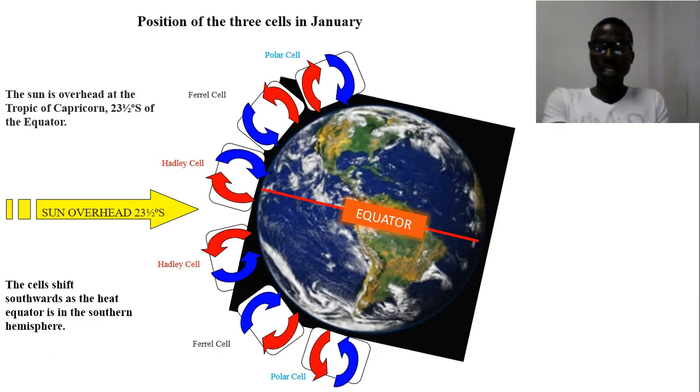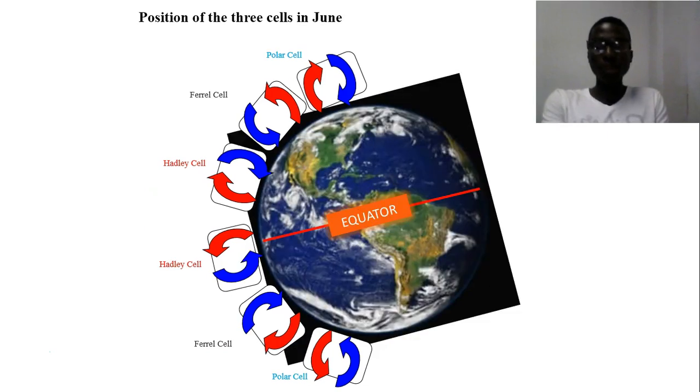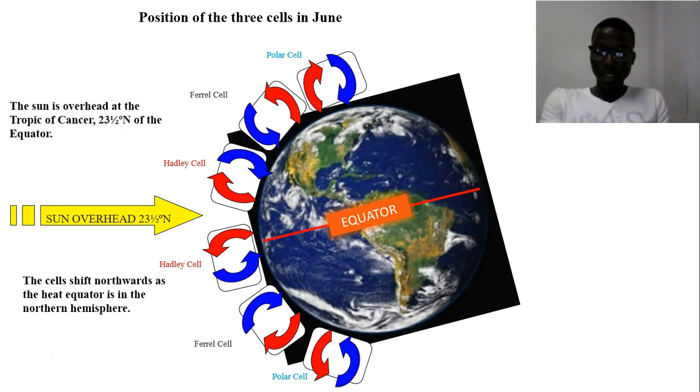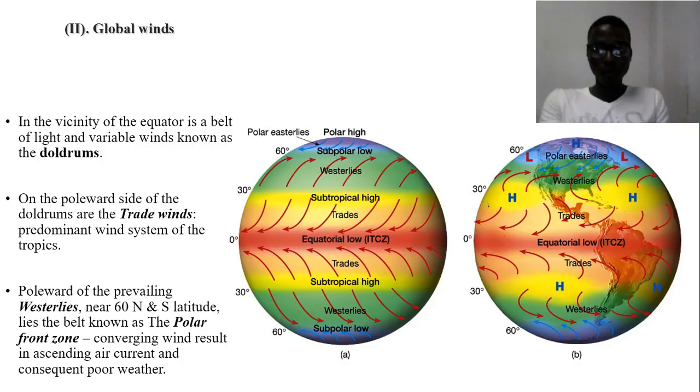As such, the cells shift southward as the heat equator is in the southern hemisphere. June is the completely reverse scenario. The sun is overhead at 23.5 degrees north of the equator, at an imaginary line known as the Tropic of Cancer. So the cells shift northward as the heat equator is in the northern hemisphere.